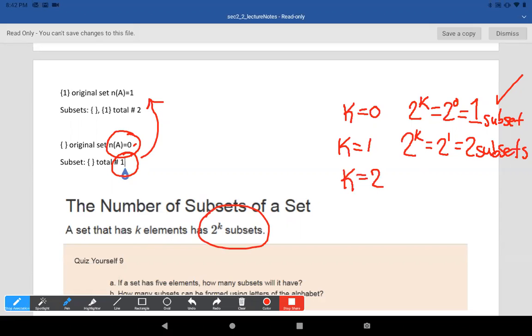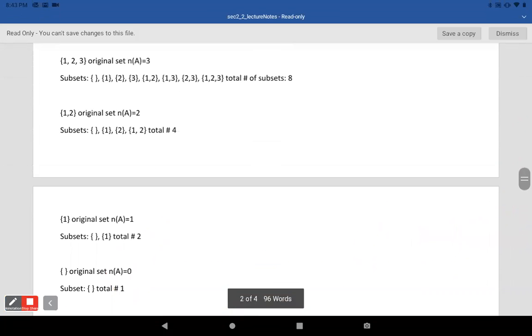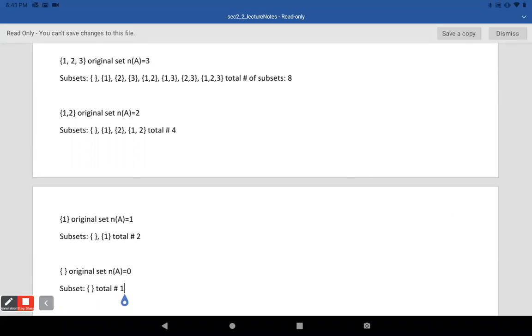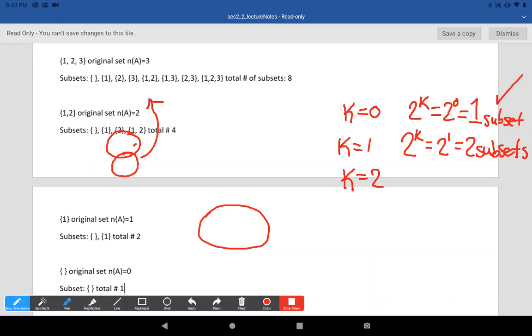When we had k equals 2, so when we had that set with 2 elements, the 1, 2, we end up with 4. So let's test that out. When we have k equals 2, we have 2 to the k, or 2 squared, which is 4 subsets. So again, check, check. It appears to be working just fine. And then the one we started with was k equals 3.